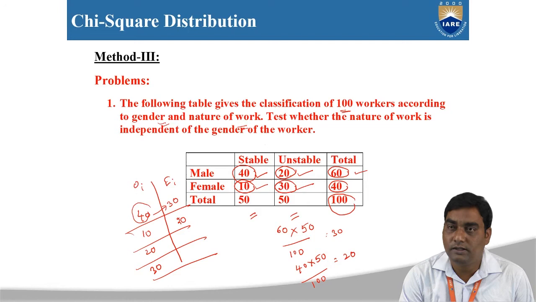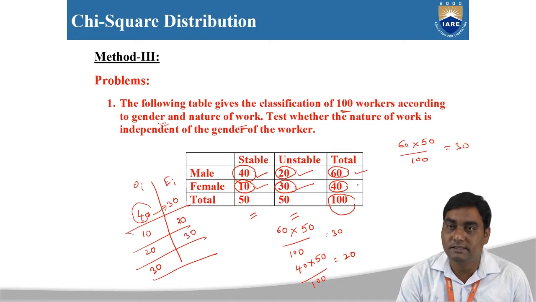Similarly, for the observed frequency 20, corresponding row total 60 into corresponding column total 50 by grand total 100 is 30. So, the expected frequency is 30. Now, one more observed frequency, 30. Corresponding row total 40 into corresponding column total 50 by 100 is 20.